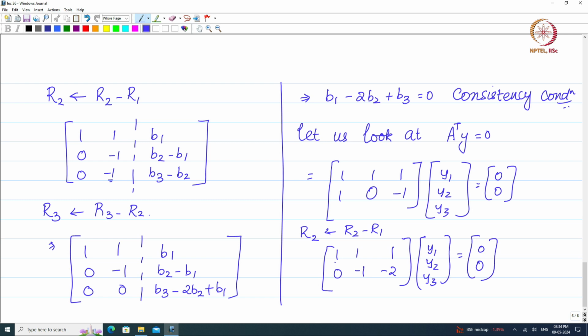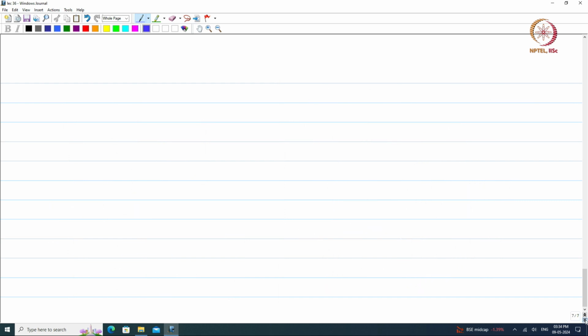Now if you see, there is a pivot in the first column, and there is a pivot in the second column. The third column does not have a pivot, so y3 is not a pivot variable, y3 is the free variable. You have y1 and y2 to be the pivot variables. So we have y3 equal to, parameterize it, make it t.